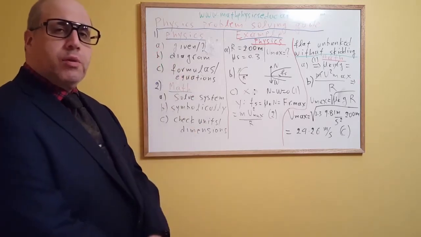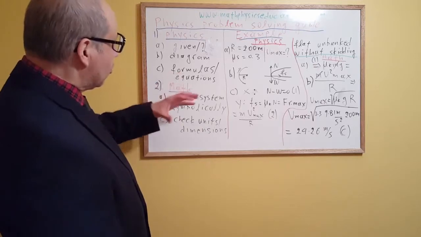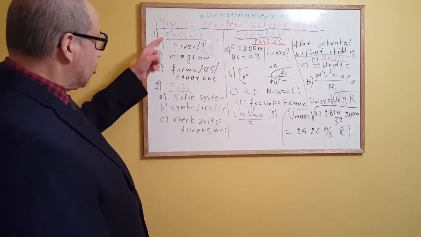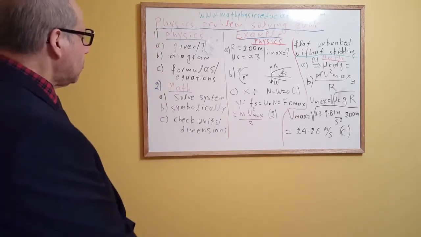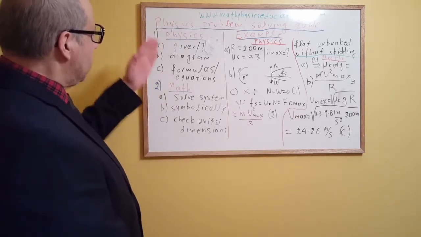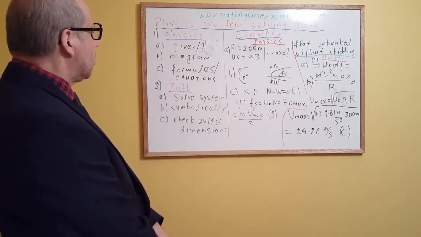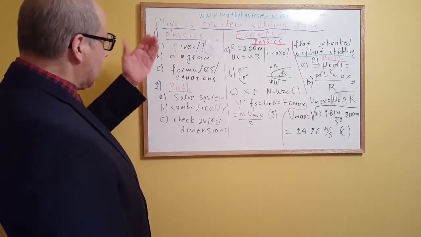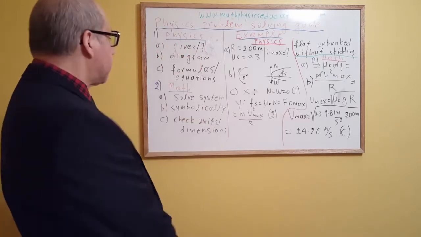First of all, for every physics problem, in order to solve it, you have two parts. You have the part that deals with physics and the part that deals with math. So in the first part, what you should do: first, read the problem and write what is given and what you are looking to find.